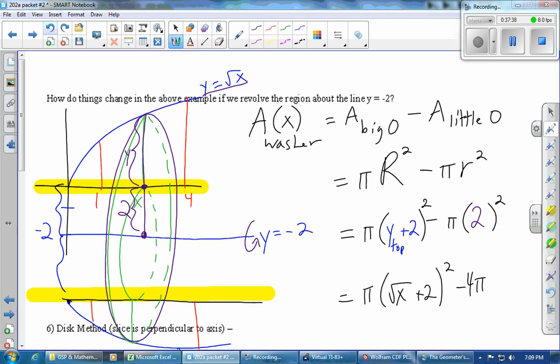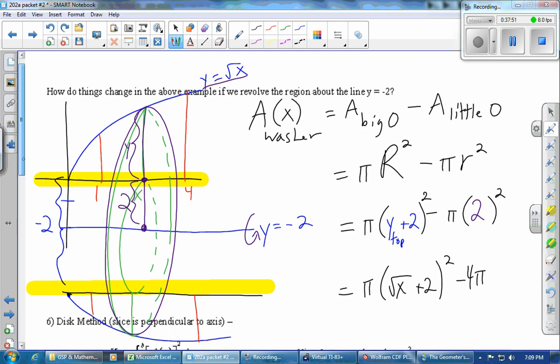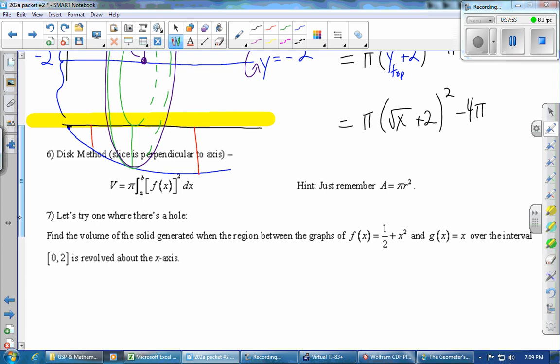And I think it's super important for these problems to have a very good, very big picture. It might be tempting to try to think, okay, I'm going to just memorize some formula that will apply to every washer problem. And I think I've got a formula down here for you to try to memorize. There's one right here, pi times integral of f of x squared.